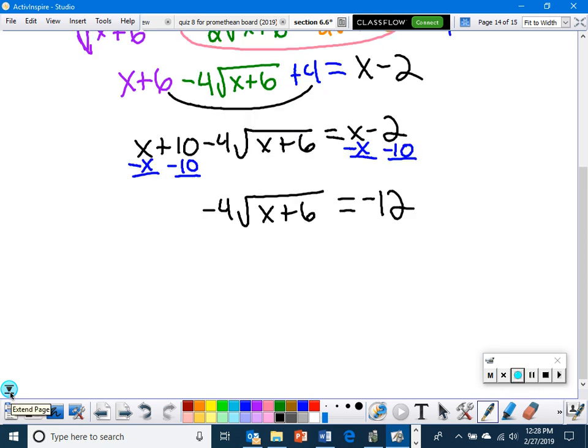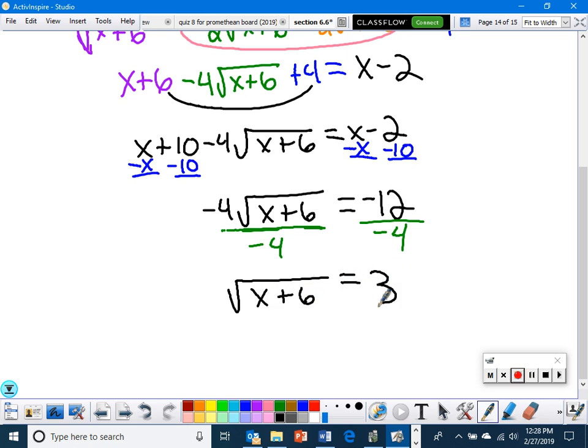All right. Now we're going to get rid of the negative 4. Getting there. 2 steps left.